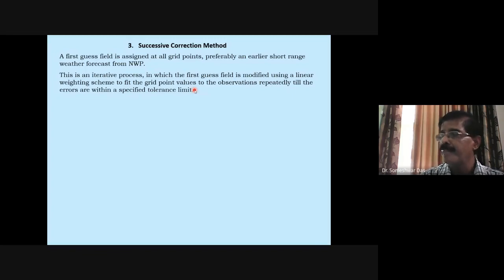Let us say you are trying to do the objective analysis of temperature, and you know generally the order of magnitude of the temperature. Like, for example, temperature at this time of the season at your location, you have an idea of what the temperature is at a given time, right?